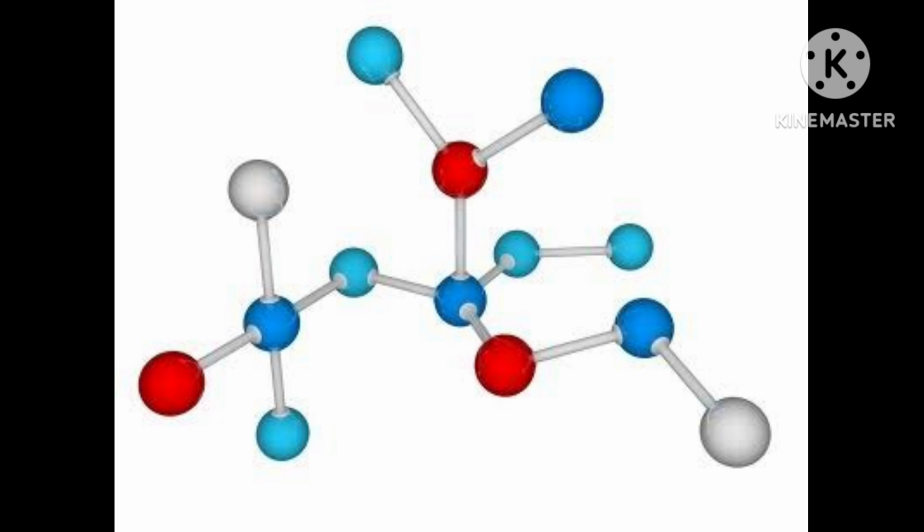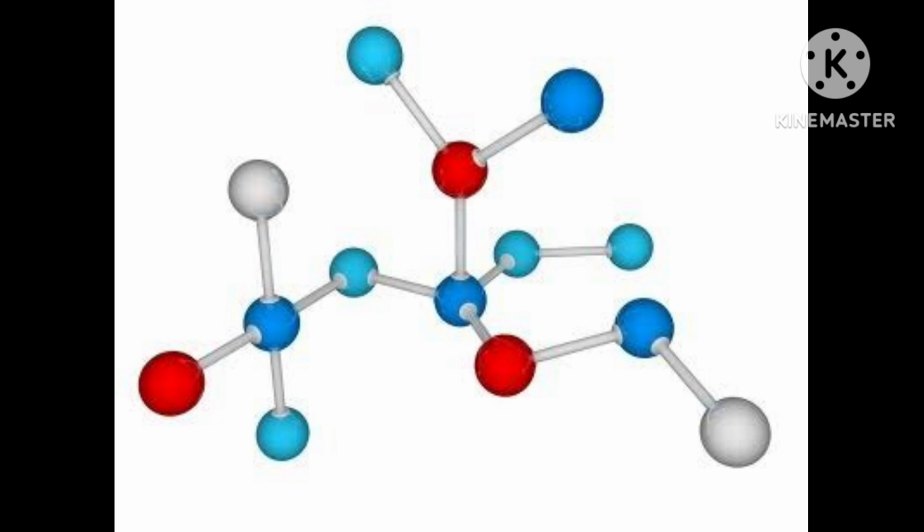And in this way, if a chain is long, for example CH3, CH2, like that, maybe 7, 8, 9, sometimes 10 carbons, then in the beginning and at the end it is CH3.